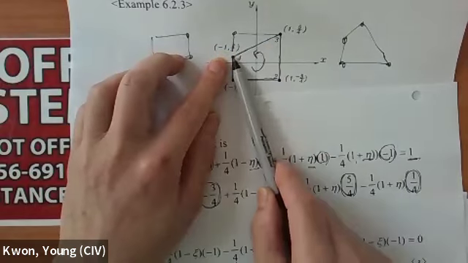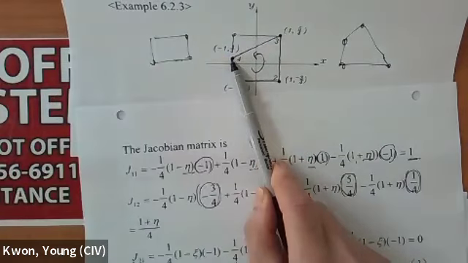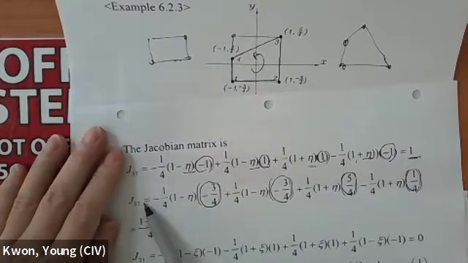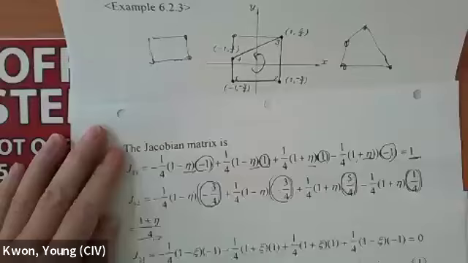Plugging in, y has changed from the nice shape because of this distorted shape. Because of that, J12 is non-constant and also not 0. It's going to be 1 plus eta/4, a function of eta in this case. So J12 is like that.